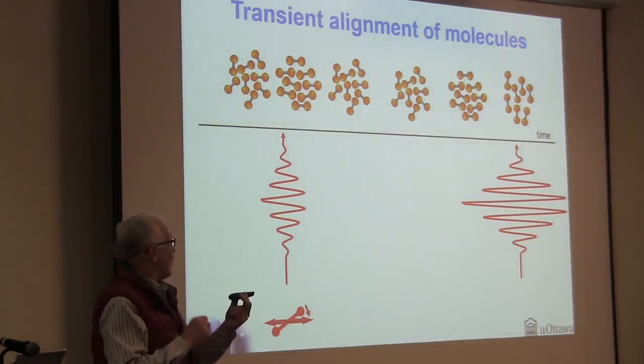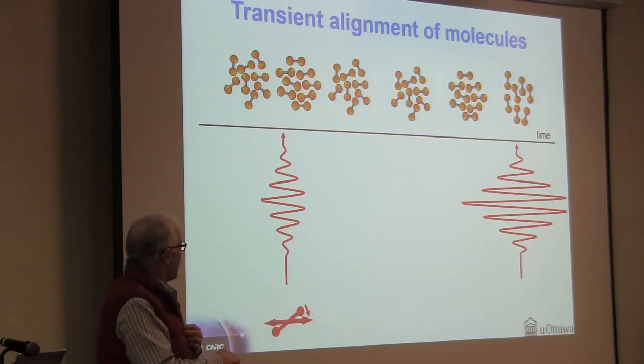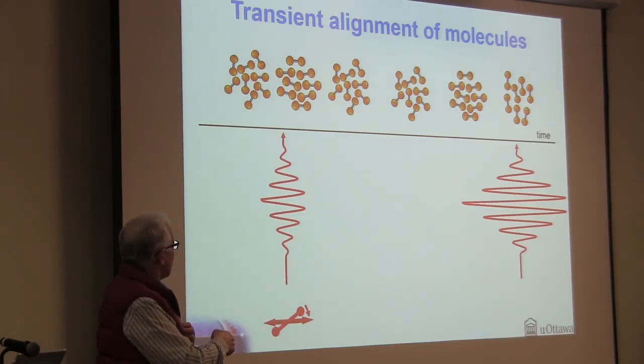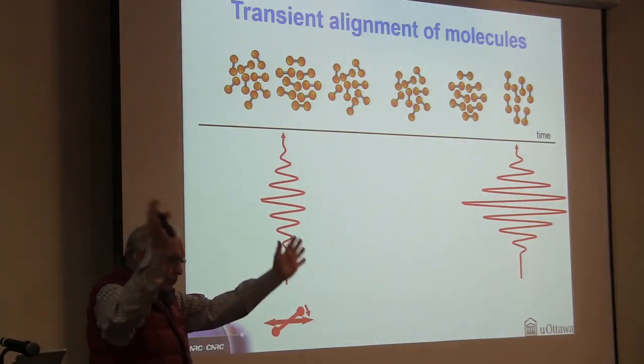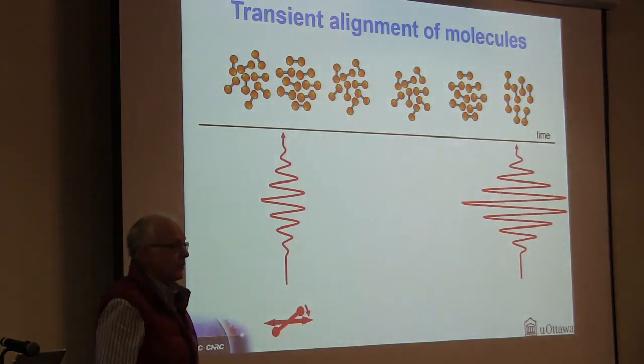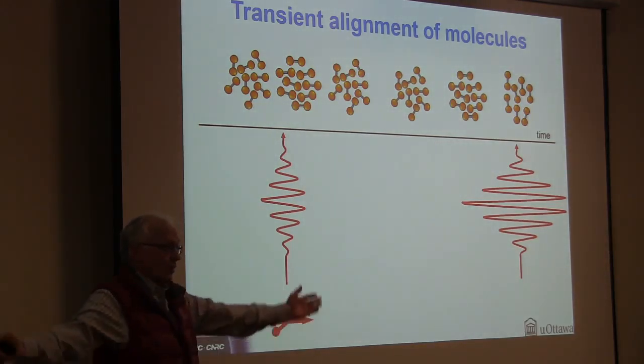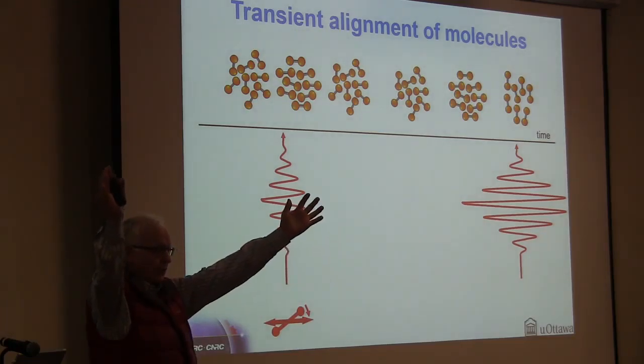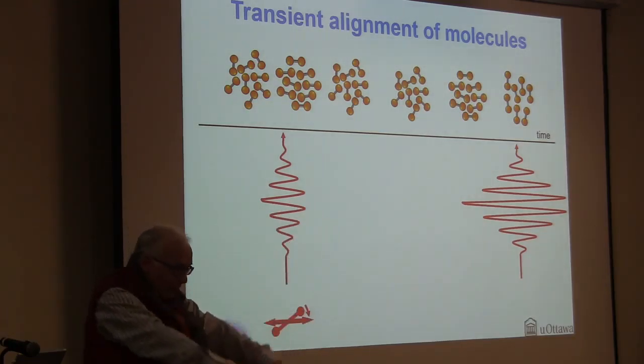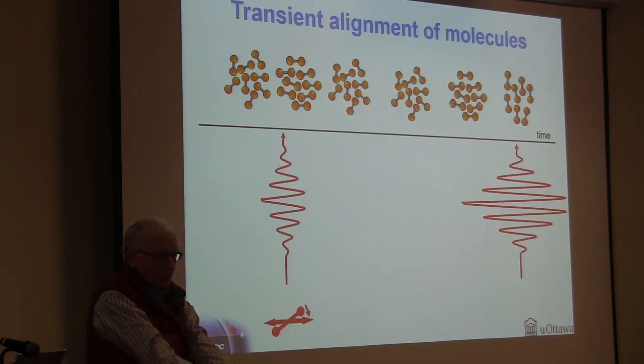And molecules are pulled towards an alignment by that strong laser field, and you can see what they would look like after they've moved to the middle of the potential of such a field. Since the pulse that we interact with is short, we can choose the pulse length so that the molecules see this potential well, fall into it, and we turn it off right at the end of it.